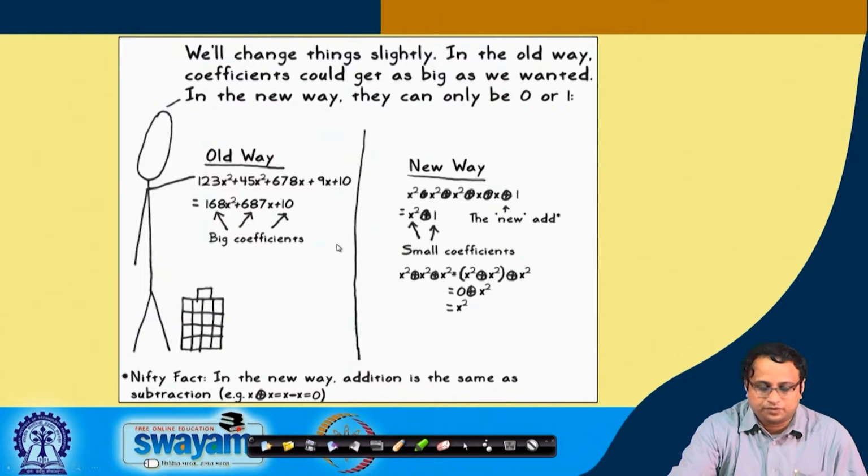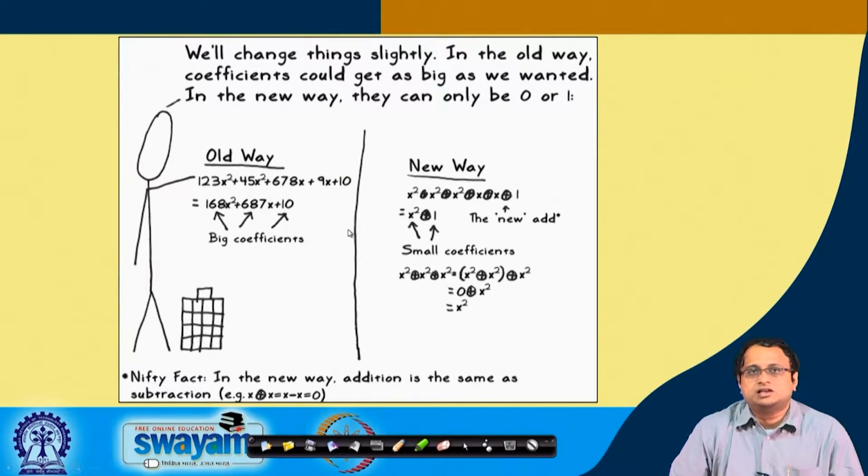Therefore, in the old ways, when we are doing our computations, say multiplication of two polynomials, or adding two polynomials, typically the things keep on increasing.